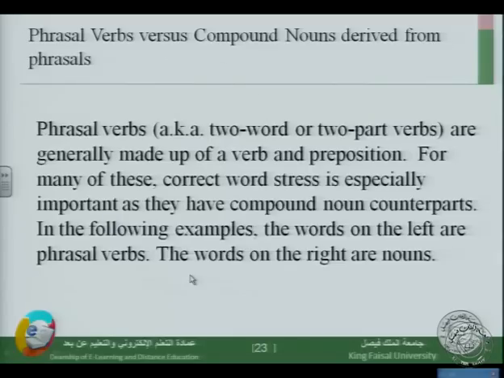Phrasal verbs versus compound nouns derived from phrasals. Phrasal verbs, or 2-word or 2-part verbs, are generally made up of a verb and a preposition. What are they made of? A verb and a preposition. For many of these, correct word stress is especially important as they have compound noun counterparts.